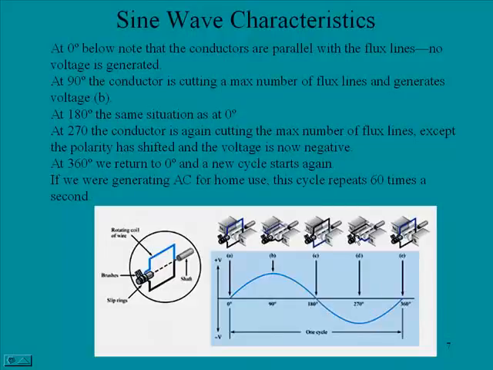Notice the blue is over here in the south, and over here it was north, and now we are generating our negative signal, and we are at 270 degrees. At 360 degrees, right here, we return to 0 degrees, and a new cycle starts again. If we were generating AC for home use, this cycle would repeat 60 times per second.